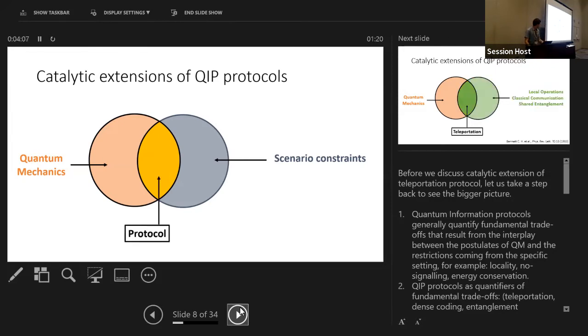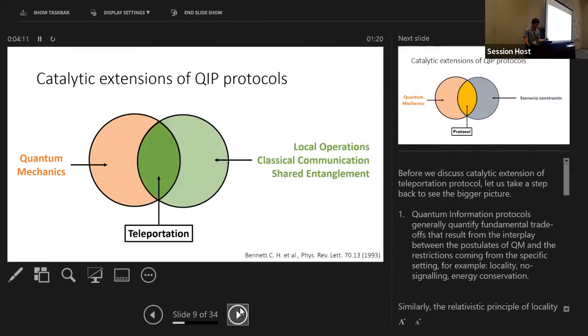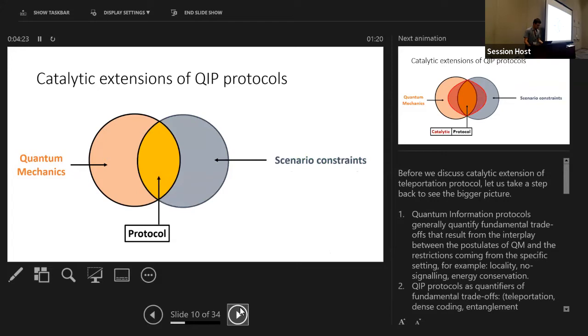So this orange region is our protocol. For example, in teleportation, those restrictions are just local operations, classical communication, and shared entanglement between Alice and Bob. In general, this is what our protocol consists of.